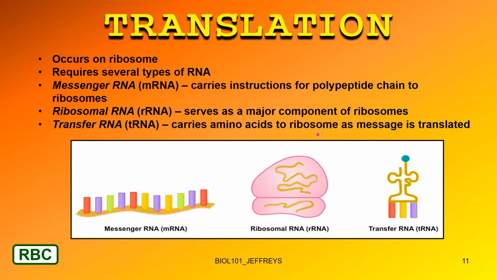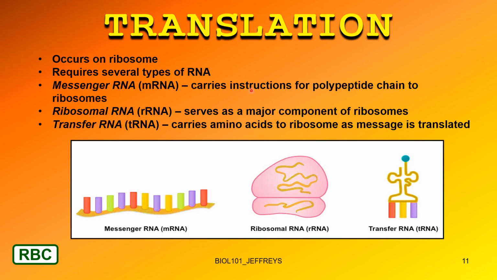Translation occurs on the ribosomes, and it requires several types of RNA. We've already talked about messenger RNA. We made that through transcription. We've already talked about transfer RNA, and the other RNA is the ribosomal RNA, which is lowercase r, capital RNA. The messenger RNA, lowercase m RNA, carries instructions for the polypeptide chain to the ribosomes.